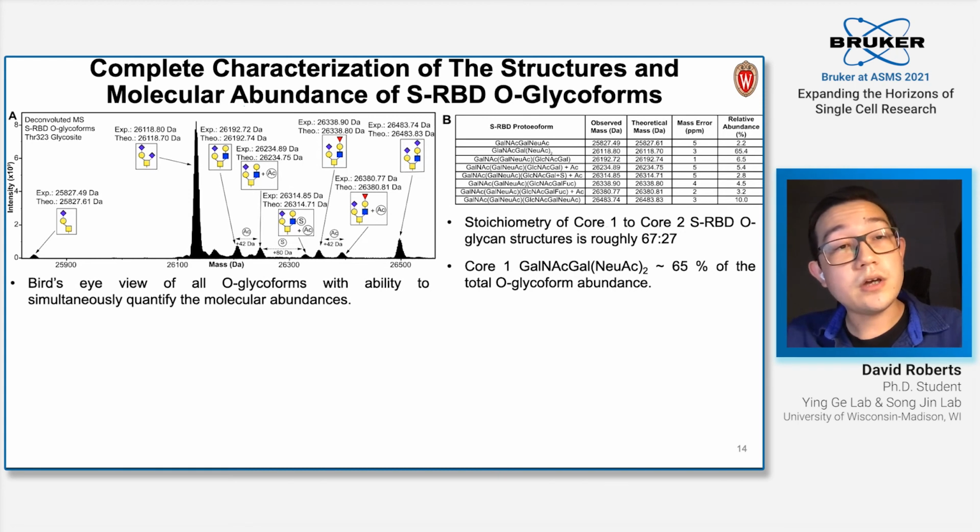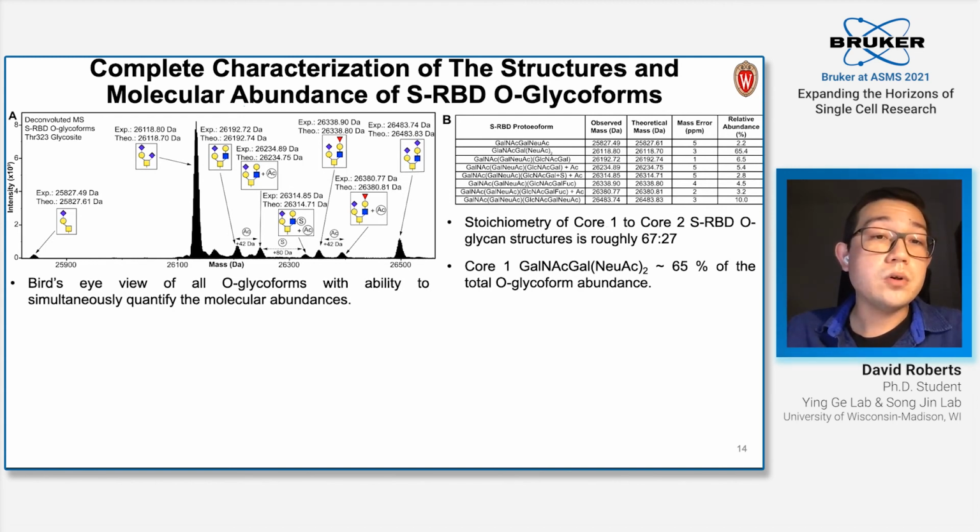So not only do we understand now the glycan structures and the site, specifically threonine 323 in our case, but we are also able to look at the molecular abundances, so the molecular stoichiometry of these various glycan forms. And using this information, we were able to reveal that these core 1 O-glycan GalNAc neuraminic acid structures represent actually about 65% of the total O-glycoform abundance.